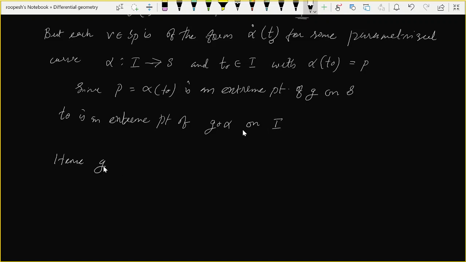what we have is (g composition alpha) dash of t naught is equal to 0, right? That is, using the chain rule, this becomes del g of alpha of t naught dot alpha dot of t naught equal to 0.